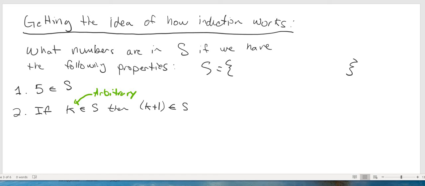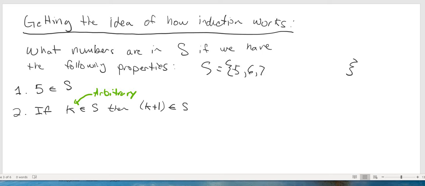When you put these two properties together, we can start filling out what goes in here. For sure 5 is in here. But because 5 is in here, automatically the number after it has to be also in there, 6. Because 6 is here, automatically the number after 6 has to also be in there, 7.